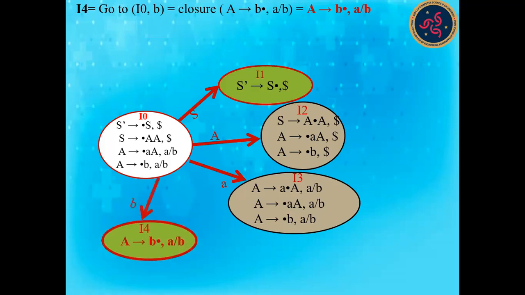Okay. So A gives B dot, comma A or B. These are the two final items that we have generated till now.